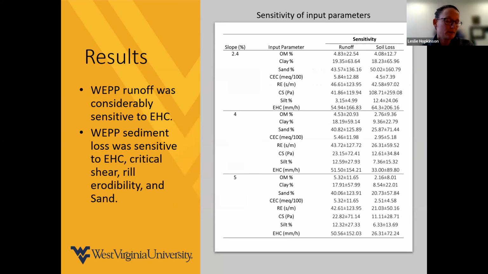We found that WEPP sediment loss was sensitive to effective hydraulic conductivity, critical shear stress, rill erodibility, and percent sand. And just a reminder that those parameters, effective hydraulic conductivity, rill erodibility, and critical shear, were calculated based on empirical equations. These were primarily based on texture characteristics, but the effective hydraulic conductivity relationship also considered land cover information.